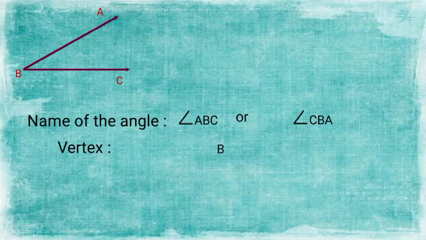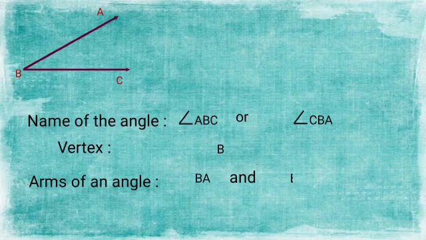Here, the vertex is B. And what are the arms of an angle? Here, they are BA and BC. I have already explained why you have to write BA and BC, because the ray's starting point is B, and from B to A the ray is extended. So you have to write BA and BC.